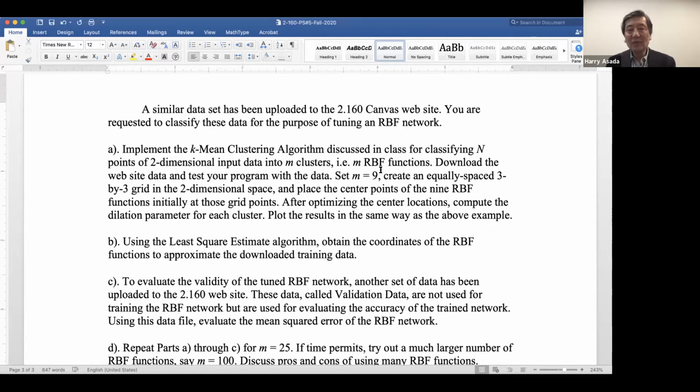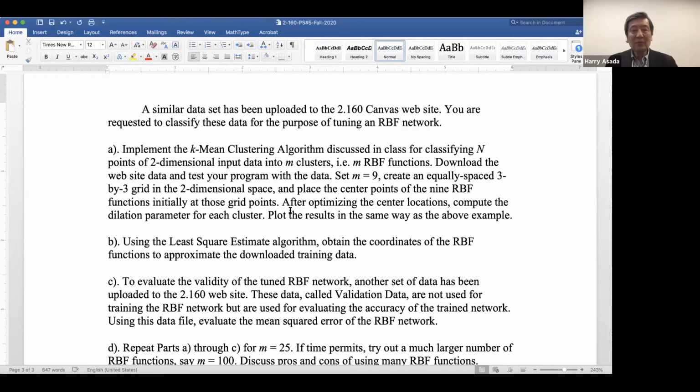Okay, so you start with m equal 9 radial basis functions, and after you download the data, you can find it. You start with the grid point method, m equal 9: create an equally spaced 3 by 3 grid in a 2-dimensional space, and place the center points of the 9 radial basis functions initially at those grid points.